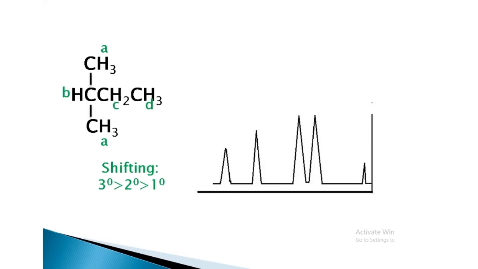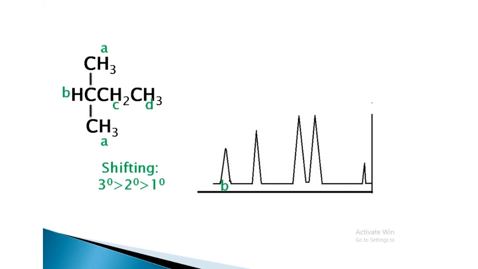Now listen, if we look at our molecule, the B-type hydrogen happens to be the tertiary hydrogen, so that would be the most shifted peak.